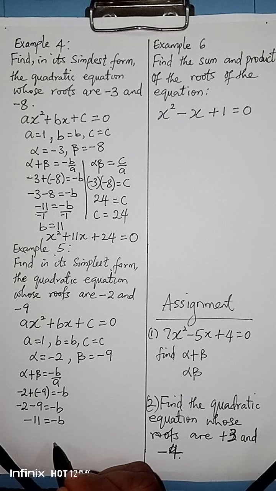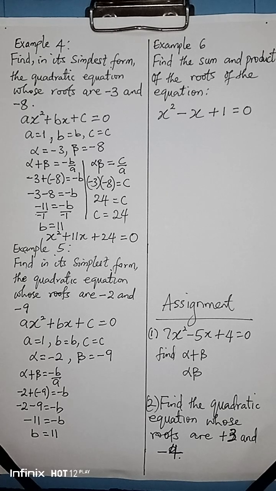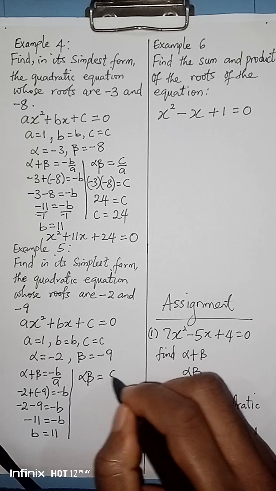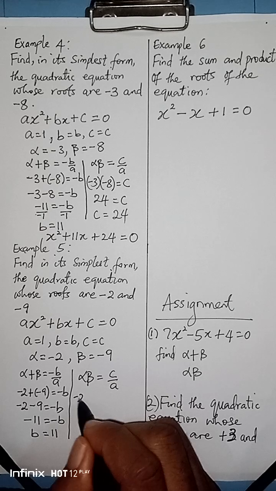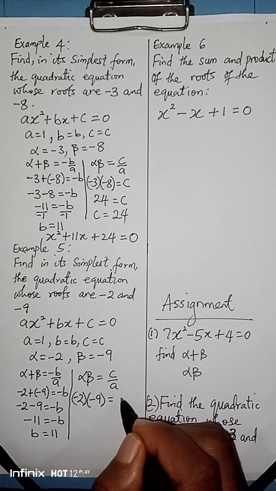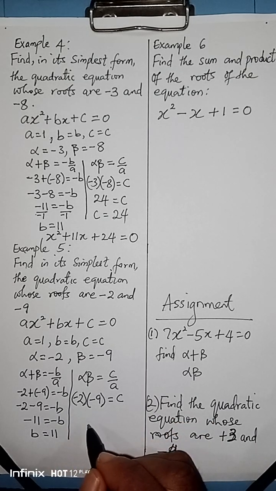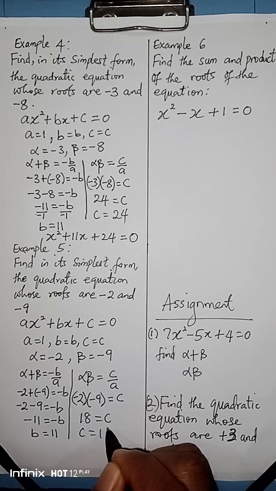Divide both sides by -1, b will give you 11. So permit me again to divide the working space, to solve for alpha beta, which is c over a. Alpha is -2 in brackets, and beta is -9 in brackets equals c. A is 1, so c over 1 is c. -2 times -9 is 18 equals c. So c is equal to 18.